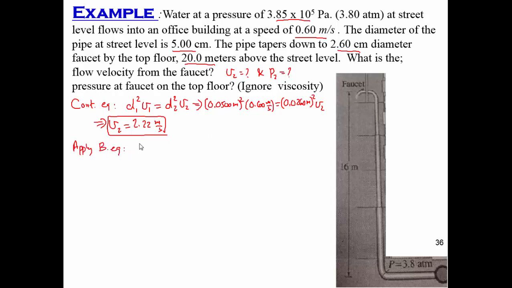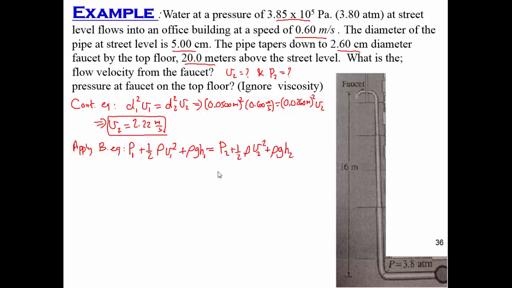And now we have to apply the full equation that includes the height, so P1 plus 1/2 the density of the fluid, which is water, times V1 squared, plus ρ g H1, where H1 is the height in the first region, or the first section of the pipe, equal to P2 plus 1/2 the density of the fluid times V2 squared, plus the density of the fluid times g times H2.